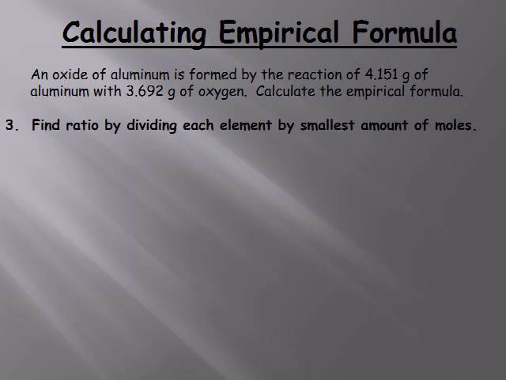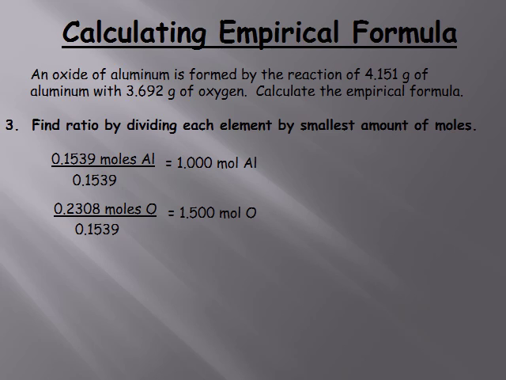Okay, so continuing on, step 3, find a ratio by dividing each element by the smallest number of moles. So our smallest number of moles is going to be 0.1539. So 0.1539 divided by 0.1539 gives 1 mole of aluminium, and 0.23 is larger, so you divide it by the smallest, so it'll be 0.23 divided by 0.15 for oxygen to give a ratio of 1 to 1.5.